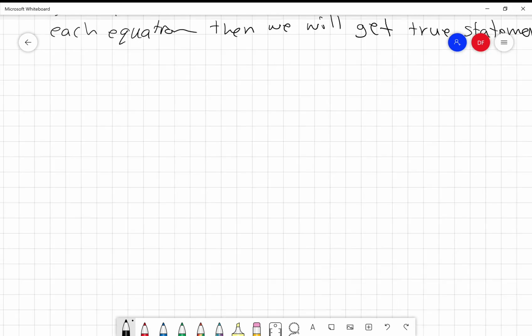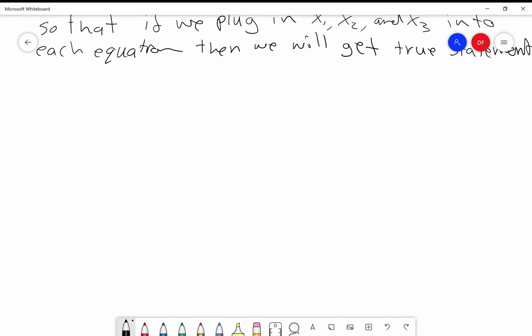So let's do an example where we have, let's say, x minus 2y equals -1, and negative x plus 3y equals 3. Here's a system of linear equations. Two equations with two variables, x and y.